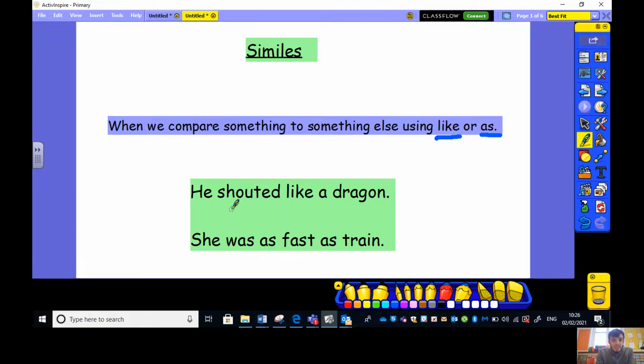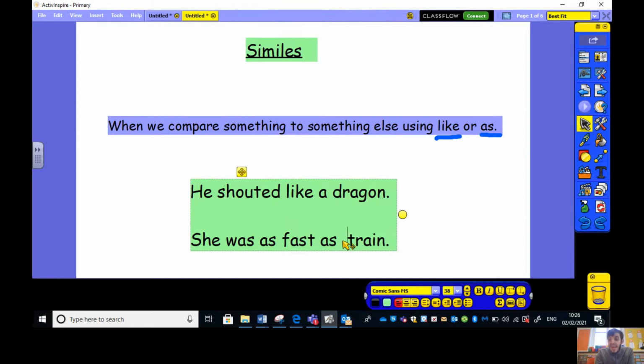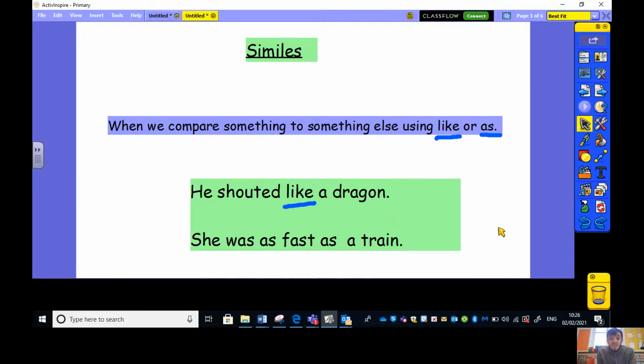Here are two quick examples. He shouted like a dragon. And she was as fast as a train. What we are doing here is just comparing something to something else to give the reader a better description, okay, more exciting language.